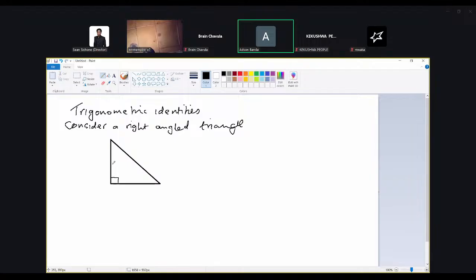Let's name the side there A, we'll name this side B, and that side C. Now, let's get back to Pythagoras theorem.